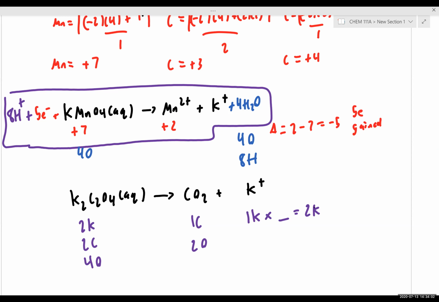Two. Okay, perfect. Likewise, we have 1 carbon on the right, 2 carbons on the left. 1 times what would give us 2 carbons? What coefficient do we need for carbon dioxide? 2. Yep, exactly right.